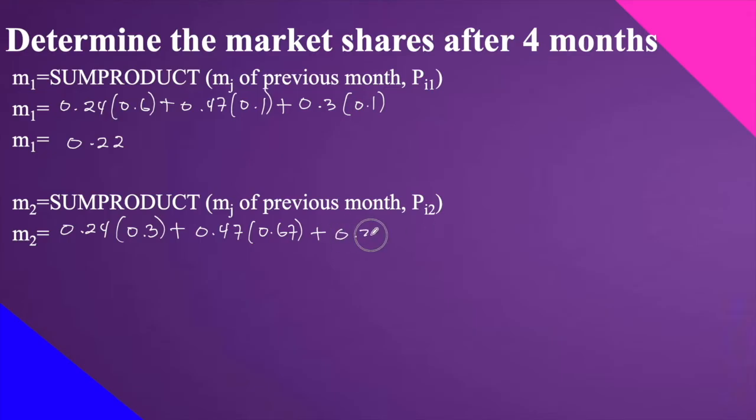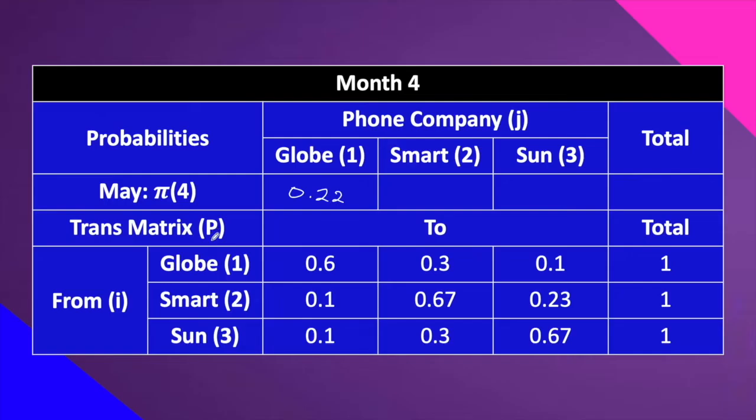This is equivalent to 0.47. So 0.47 will be the market share of Smart after month 4.